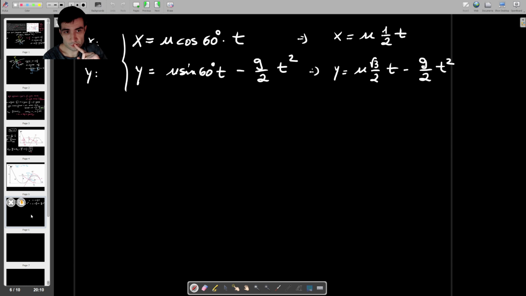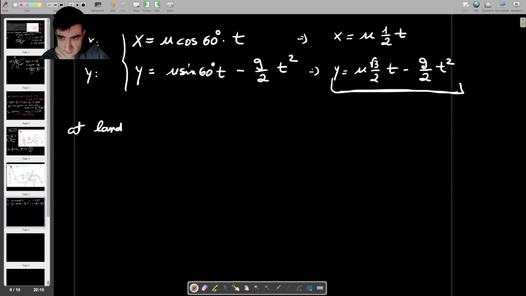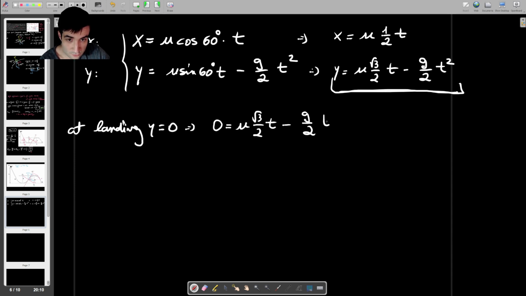Now what I'll do is find the time from this equation, because I know that at landing the y value is equal to 0, right? So we can say that 0 is equal to u root 3 over 2 t minus g over 2 t squared.